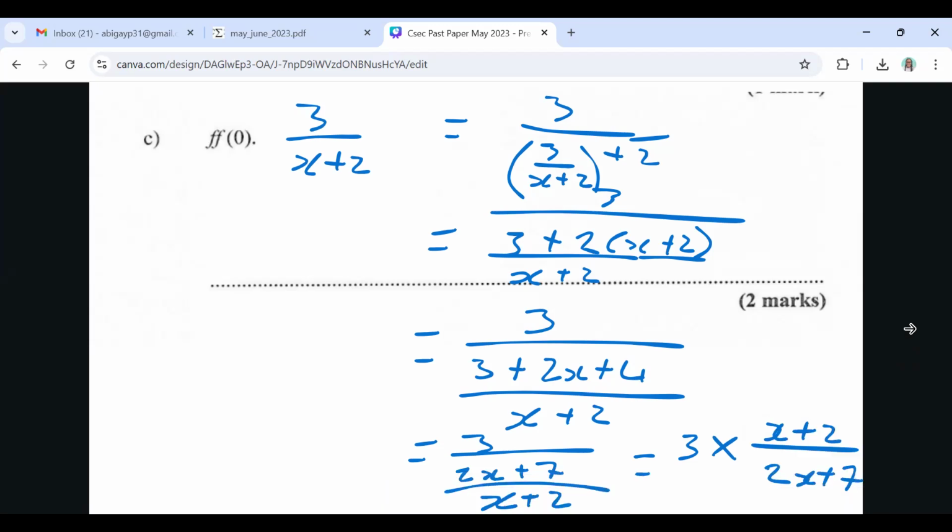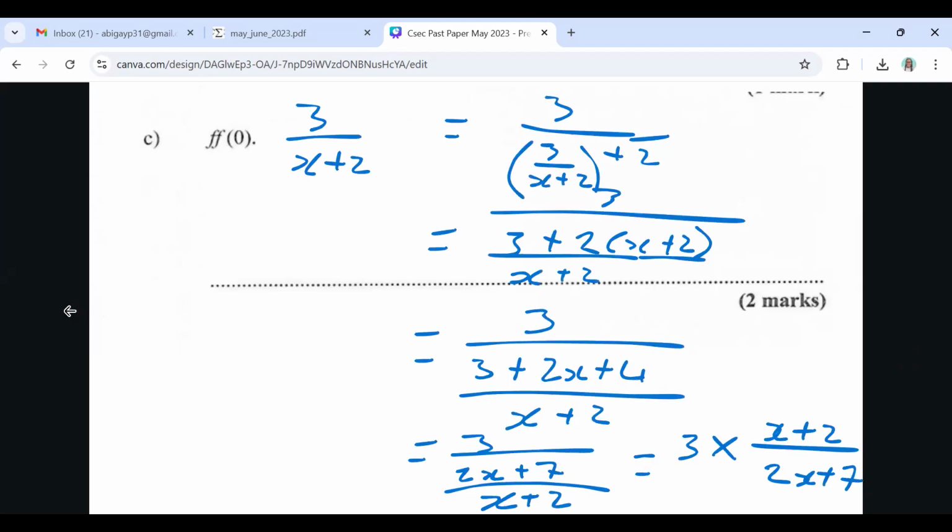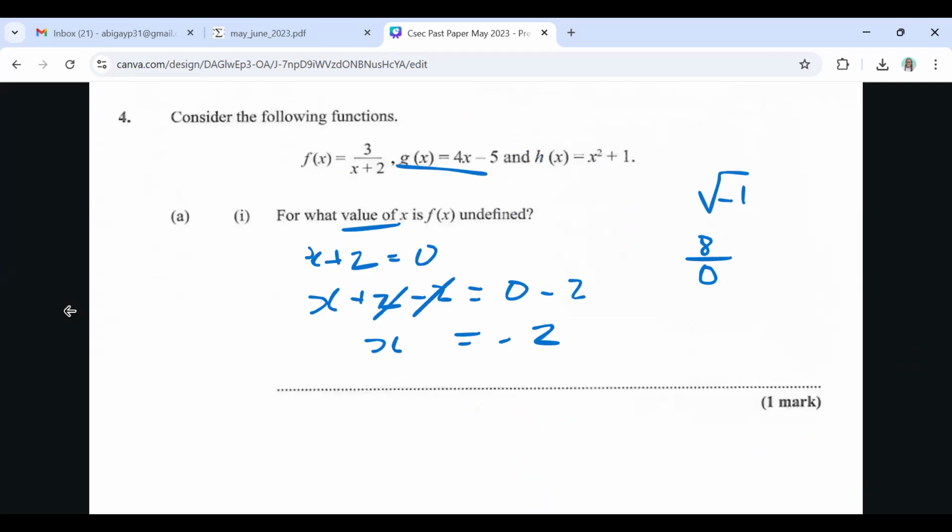All right, so it says write an expression in the simplest form for g of h of x. That means h is going to be inside of g. Let me remind ourselves what we said. g is 4x minus 5 and h is x squared plus 1. So let me write that. g is 4x minus 5, h is x squared plus 1.